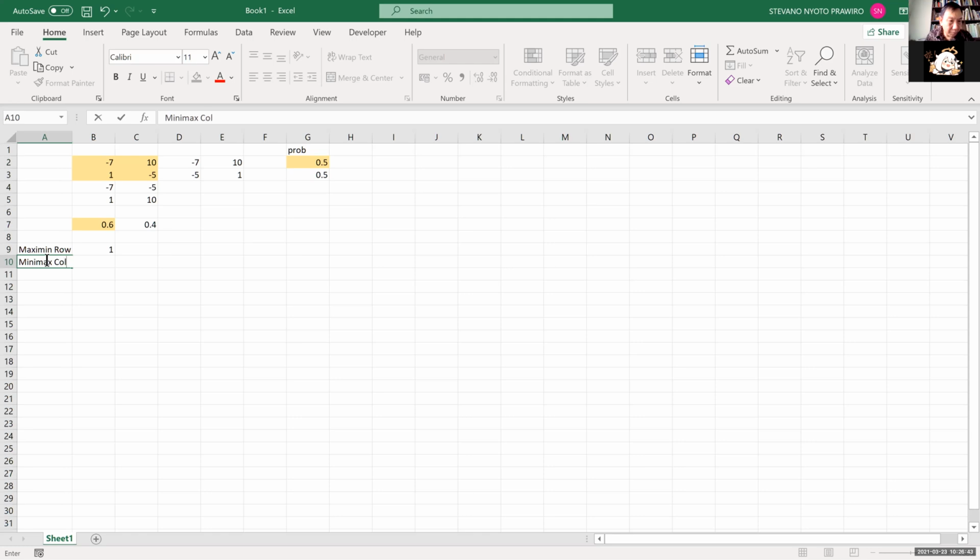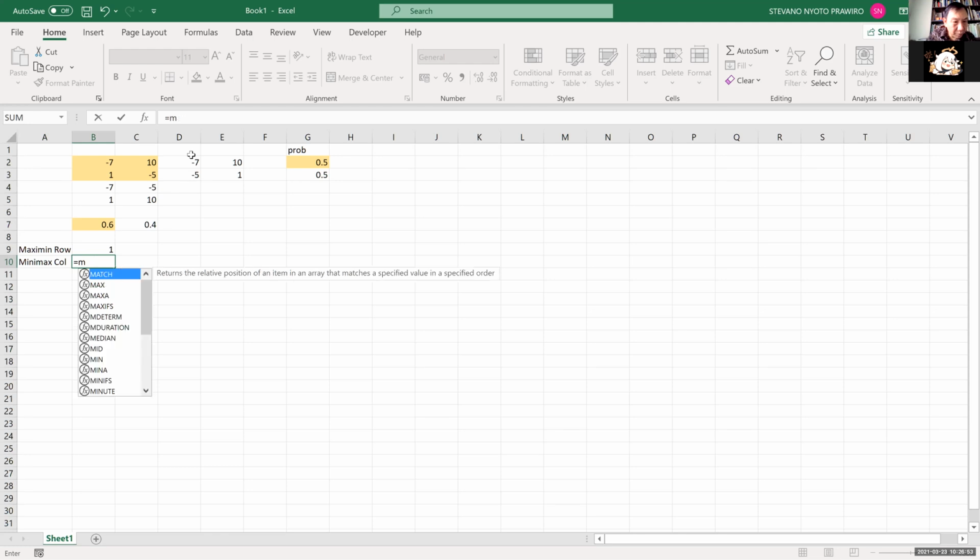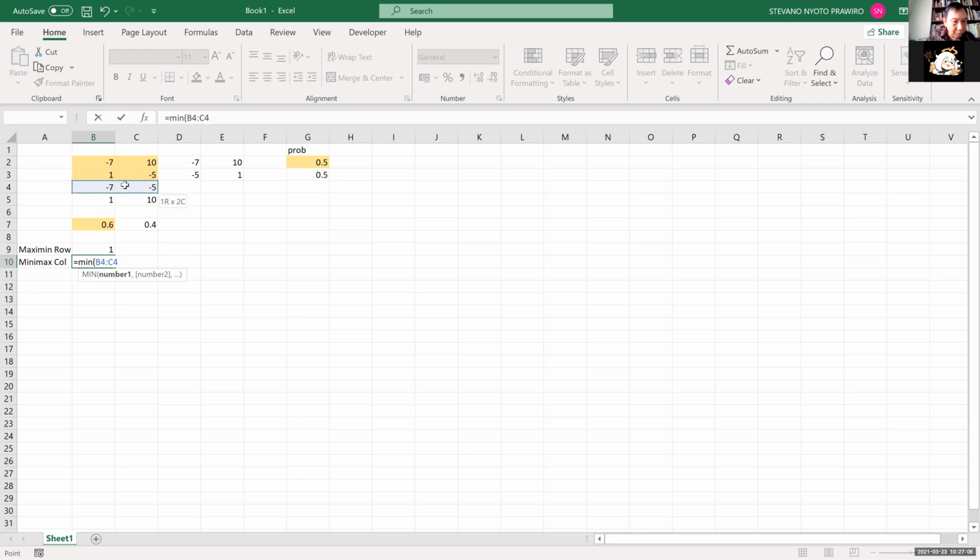Minimax of column. So where is your maximum in the column? No, your minimum, you take the minimum. I think B5 and C5, isn't it? Yes, this one. No, oh wait, this one. Yes.